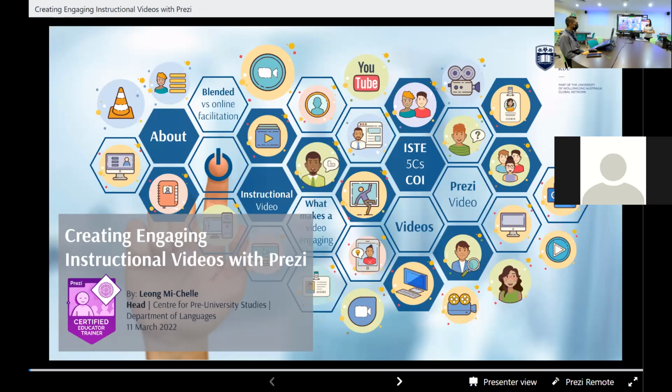I'm not really hoping that you will get everything today because honestly, for me to really understand and use it easily, it takes some practice, just like anything that we do. We need to play around with the app, and that's how you get to know how to use it. Prezi has actually improved tremendously over the years.